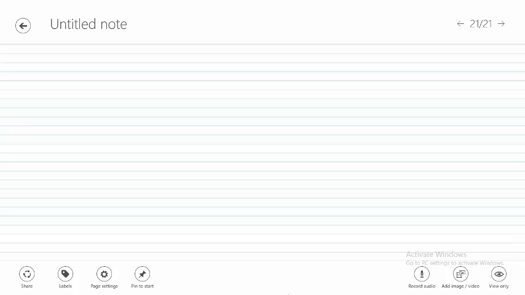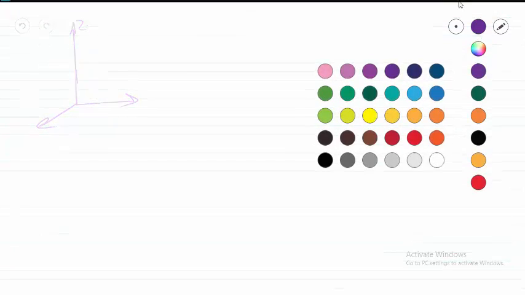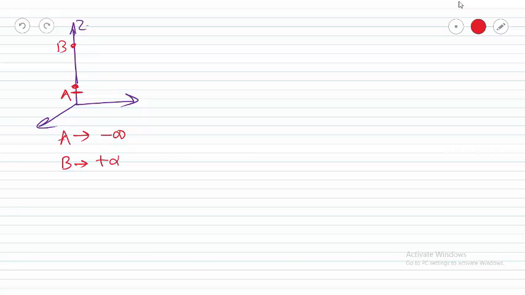So this is the figure we have. This is the z axis, and this is point A and this is point B. If I want to make this finite line charge distribution an infinite line charge distribution, I have to move point A to minus infinity and B to plus infinity.